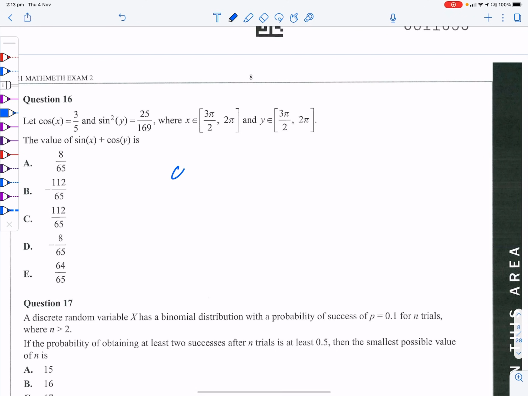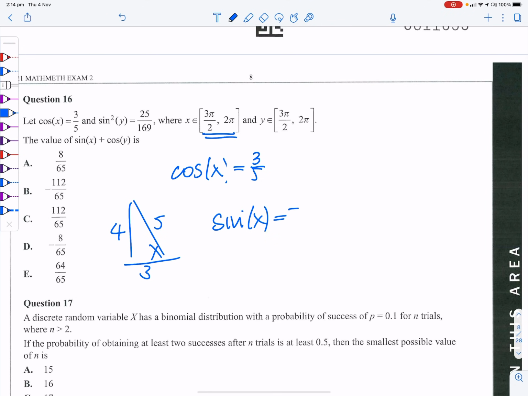Okay, here cos of x is 3/5. So if cos of x is 3/5, if we draw a triangle, cos is 3/5, so we find sine of x, and x is in the fourth quadrant. So I know sine of x is negative 4/5. It's 4/5, but because it's in the fourth quadrant, we know it's negative.